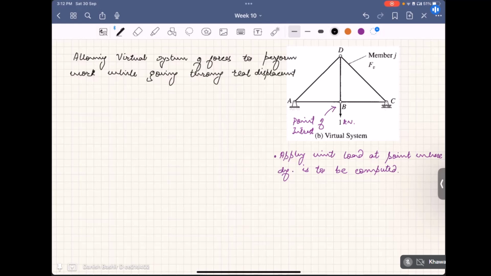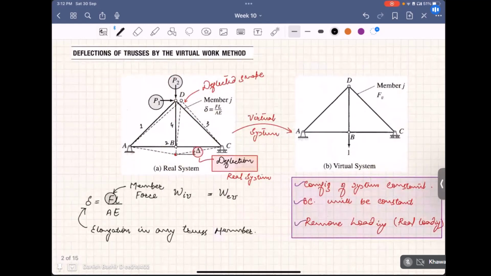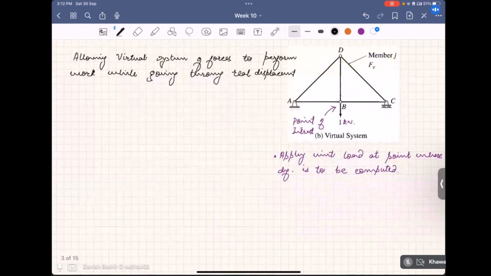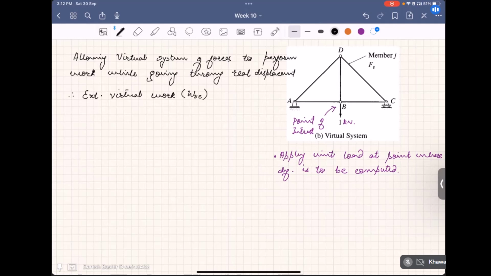Our real displacement, I already told you, this is the real system. Displacement is delta and it is external. So what will be the external work done? In fact, external virtual work done, because this work is done by the virtual system of forces. I will denote it by W virtual external.